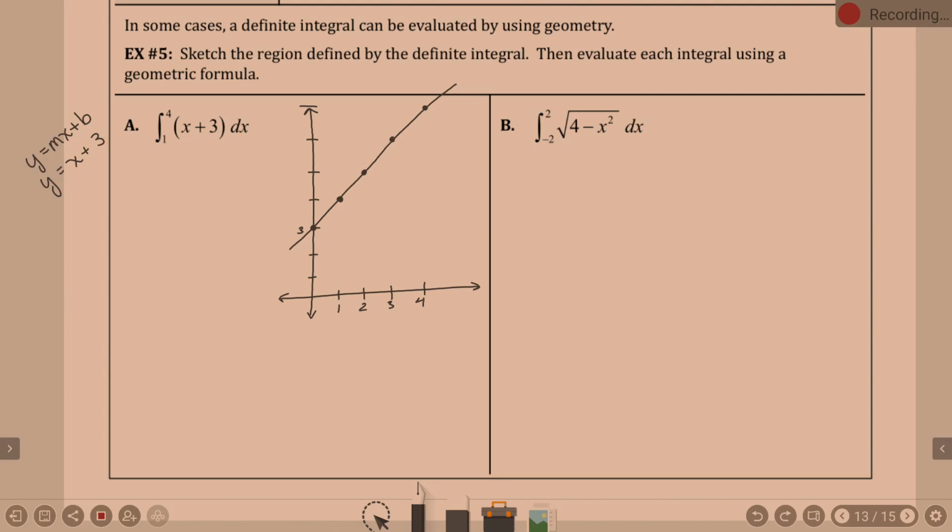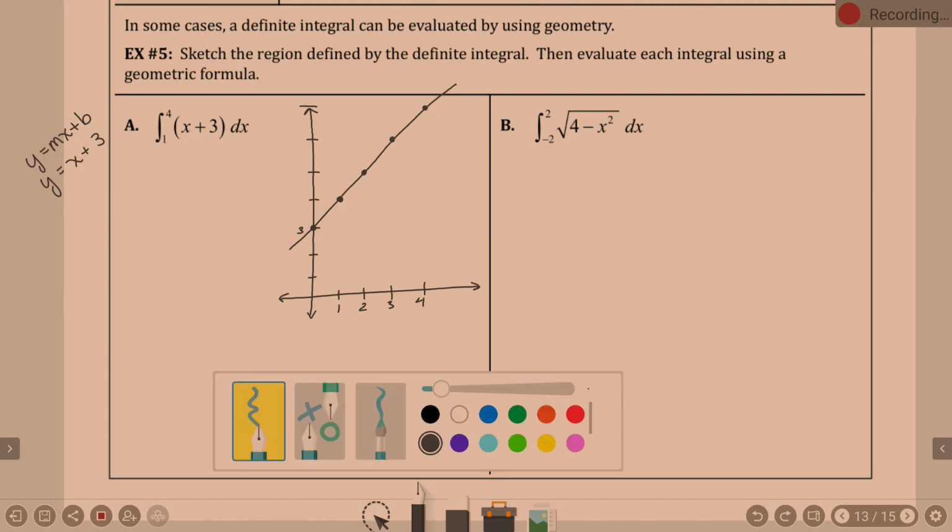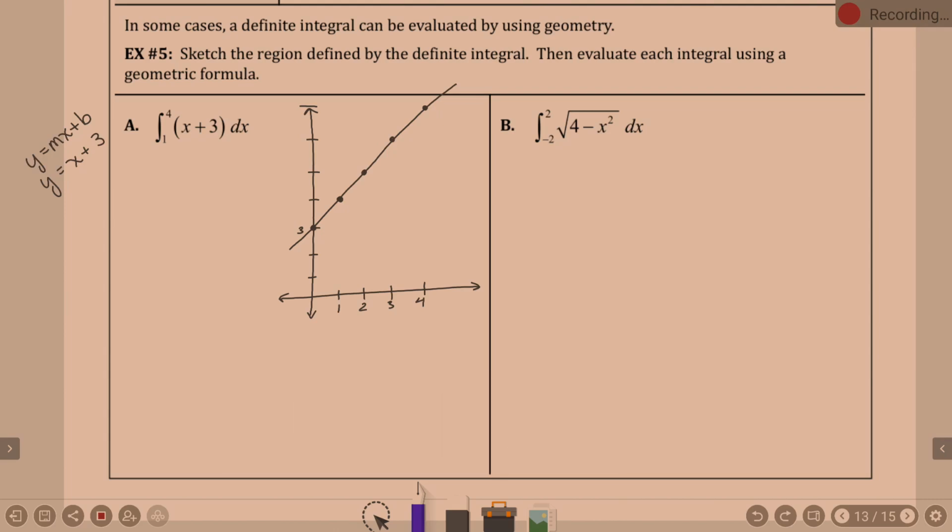But when we start talking about the area, the integral from 1 to 4 is the area under the curve between 1 and 4. What did I just draw? A trapezoid. So we're going to find the area of this trapezoid.